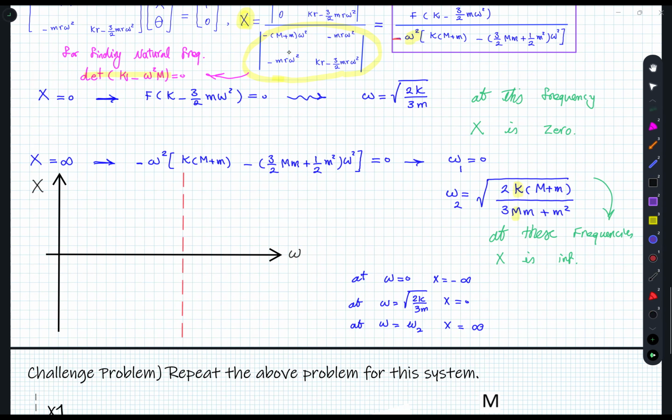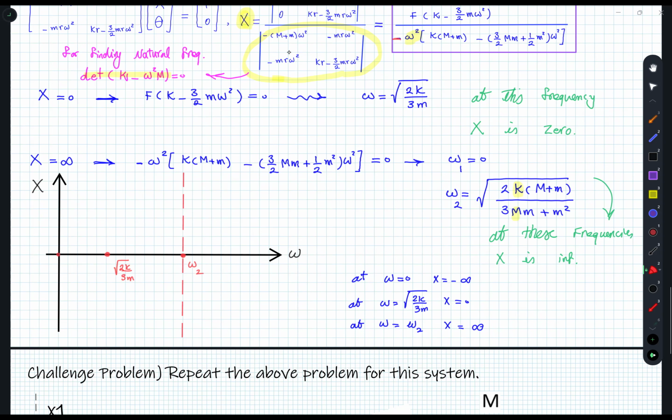Since the question doesn't ask us for the exact number, let's just pretend that this is 2k over 3m, and this is the omega 2 value.